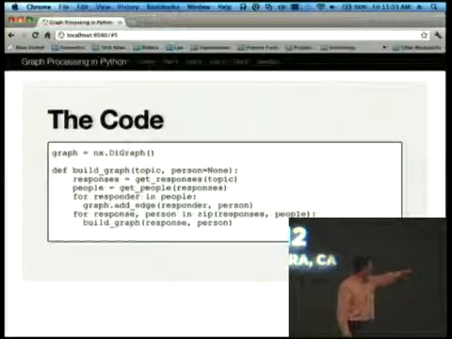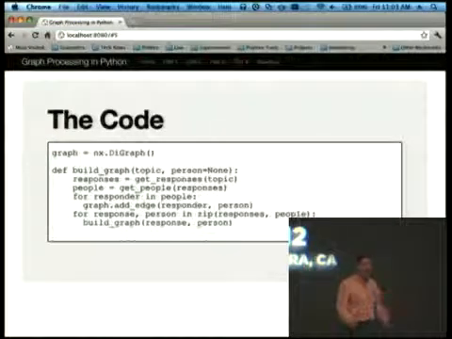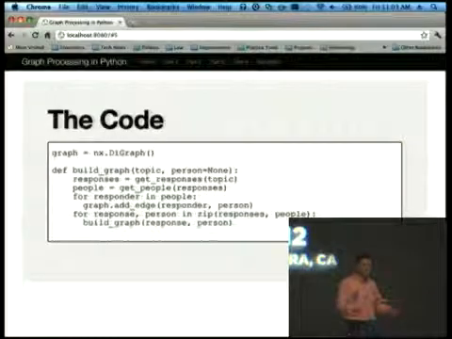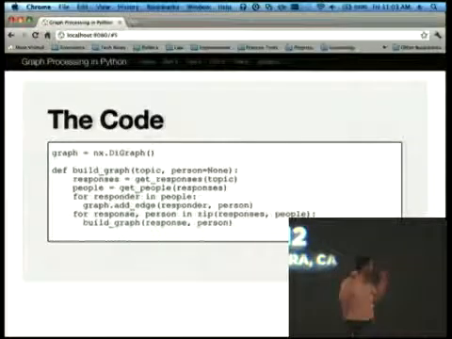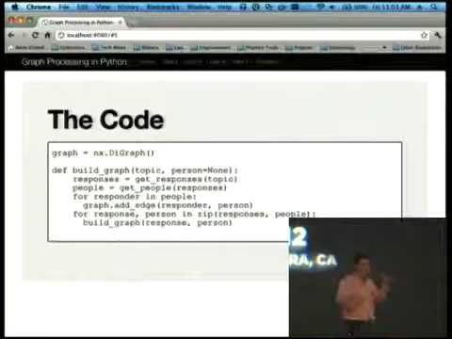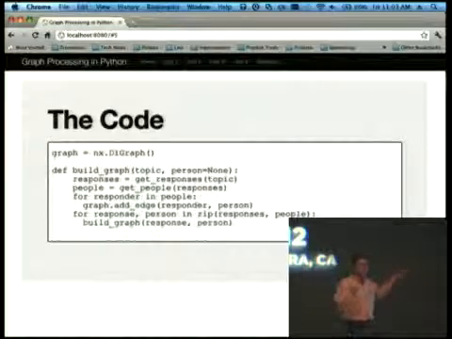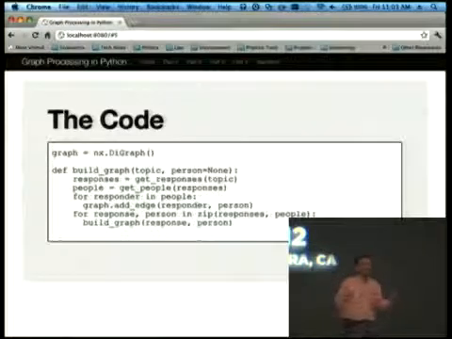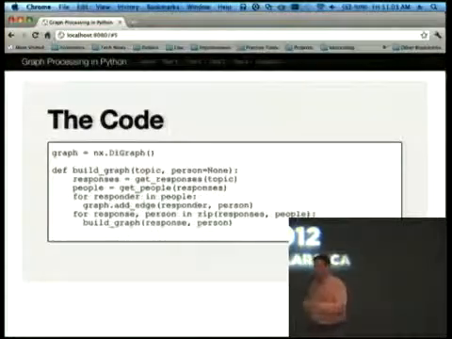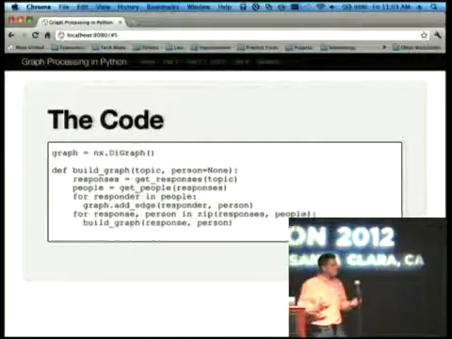Then for each responder, I added an edge saying this person responded to the original person. And I did it recursively all the way down for every topic over 2011. So that gets me my graph.